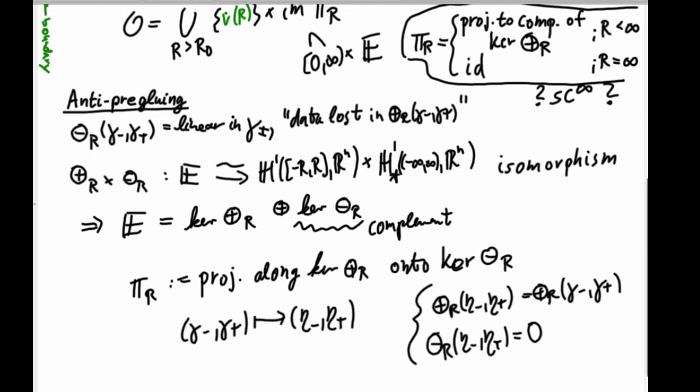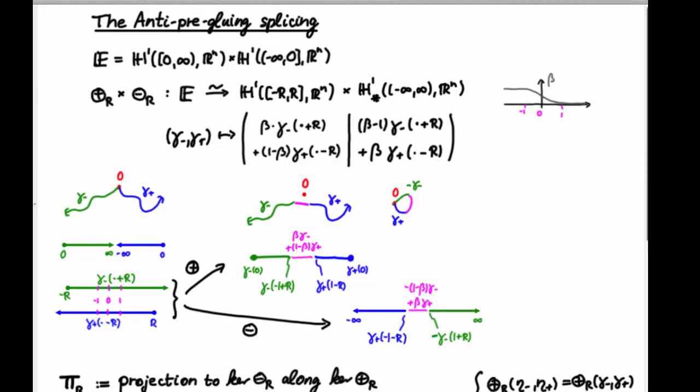So let's actually do that. Here's my splicing. That's my scale Hilbert space. Here I have an isomorphism between these Hilbert spaces.